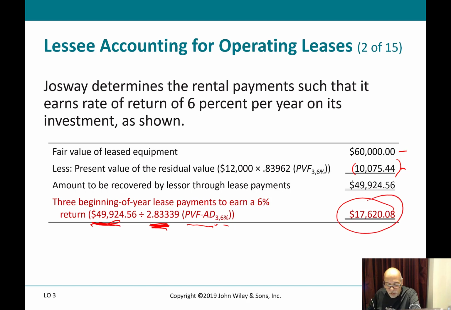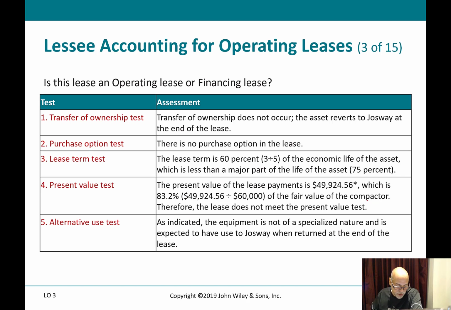That gives us the payments that we're going to make on this. So now you go through the criteria, and it was pretty explicit that we hadn't met those other ones. You can see the lease term test and the present value test, we didn't meet those either. So we have an operating lease, which we knew all along was going to be the case.